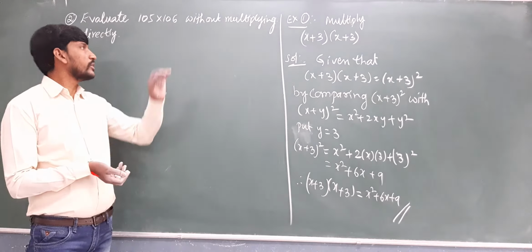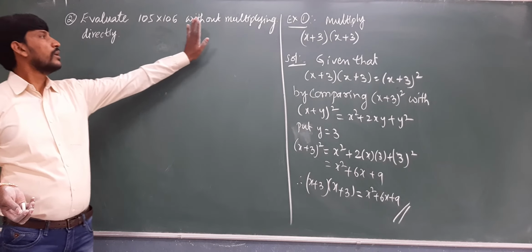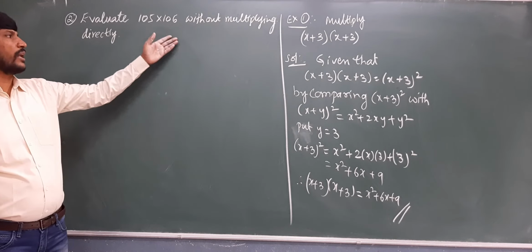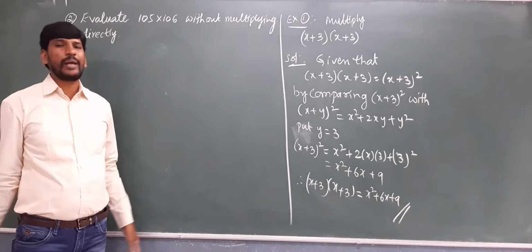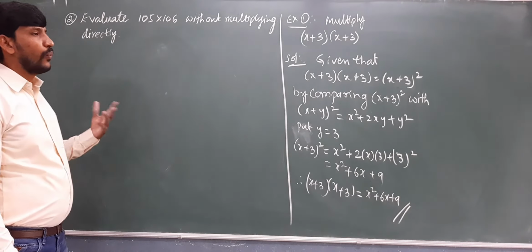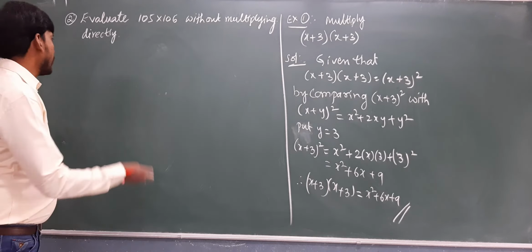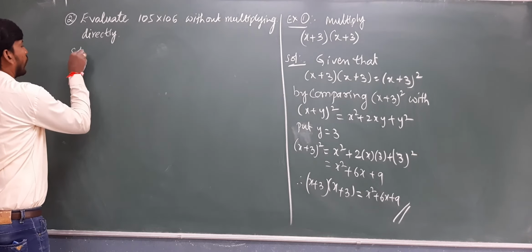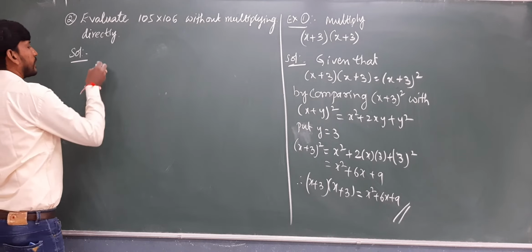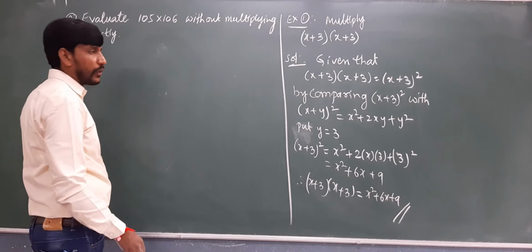We need to find this value without multiplying directly. If you multiply directly, you get the answer, but it is a long, time-taking process. So which identity are we going to use to get it easily? What is the fourth identity? The fourth identity is x plus a into x plus b. That we are going to apply.